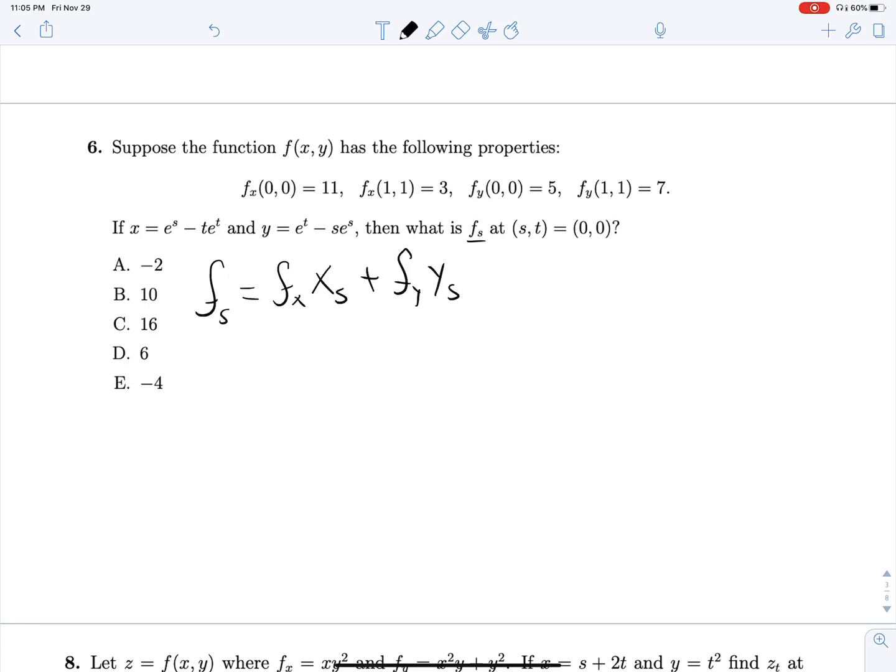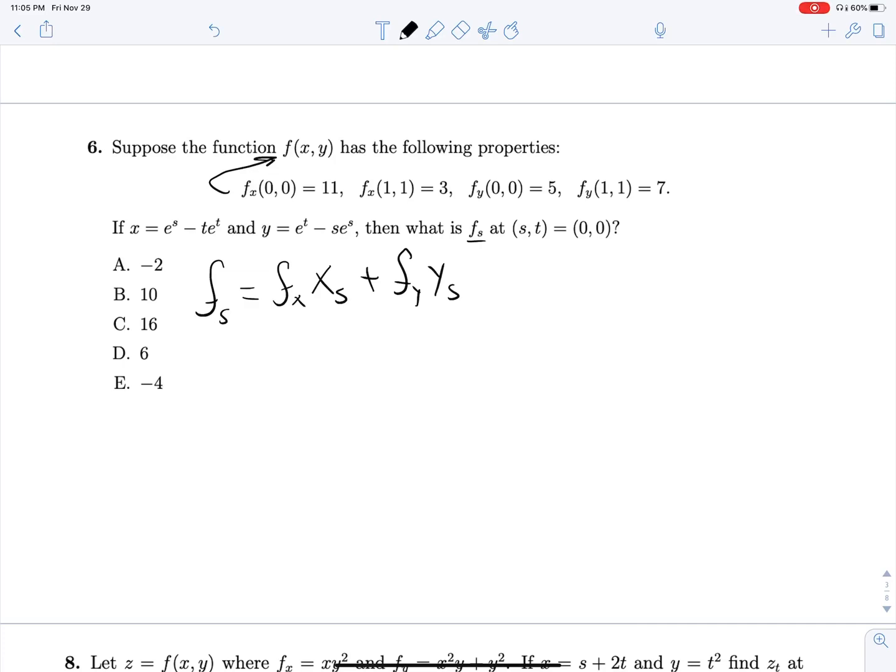And one thing that they will commonly do with these questions is give you duplicate sets of values. So we are given values for the ordered pair 0, 0 and the ordered pair 1, 1. And we know that these are our values of x and y, because f is composed of x and y, and they are not directly values for s and t.